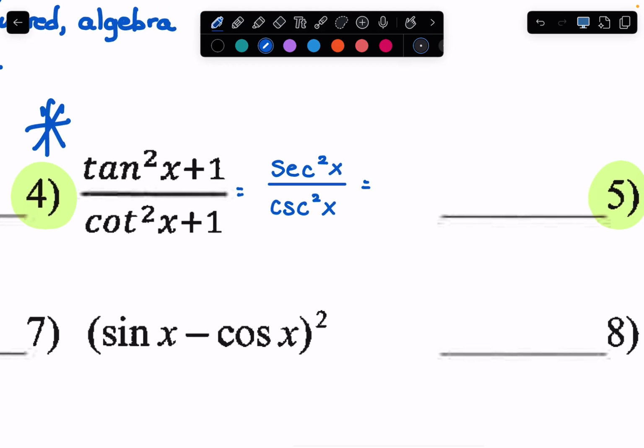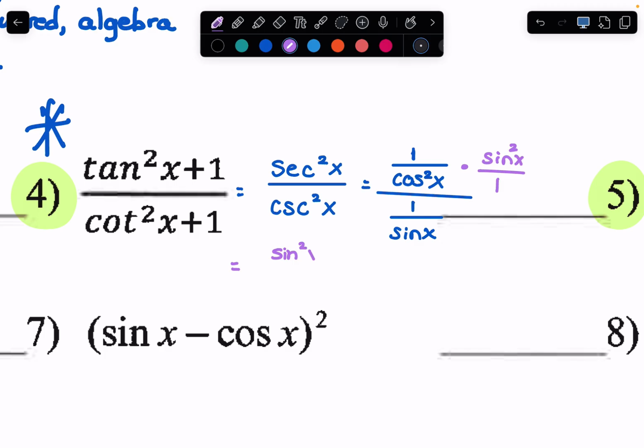If I turned them into sine and cosine, I would have 1 over cosine squared divided by 1 over sine squared. I'm going to keep, change, flip. I would write it like this. I'm going to flip sine up here, so that would give me sine squared over cosine squared.